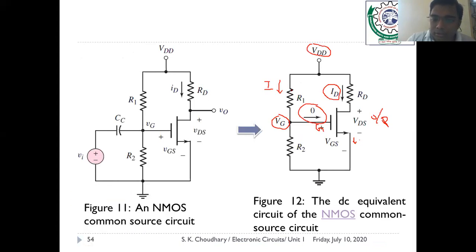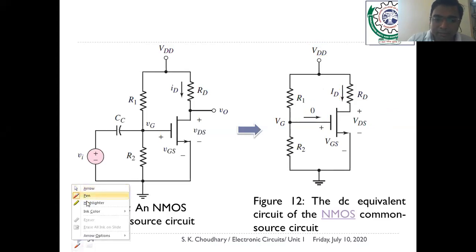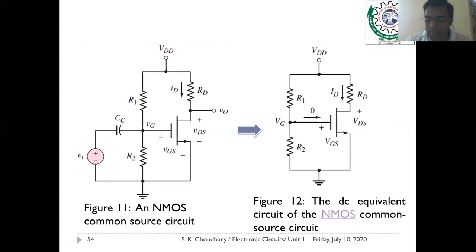First of all, I erase all this. They are saying that for the DC condition, as per the potential divider formula, the gate current is zero, so we do not consider this branch now because current is not flowing. So we can consider this as one circuit.